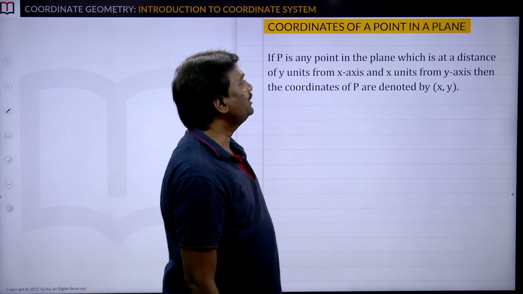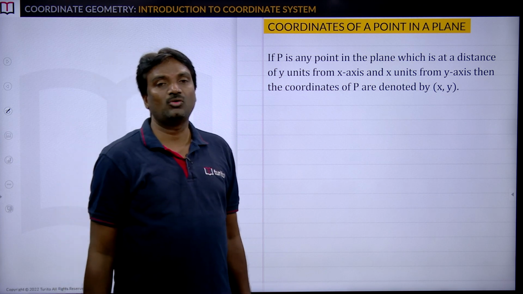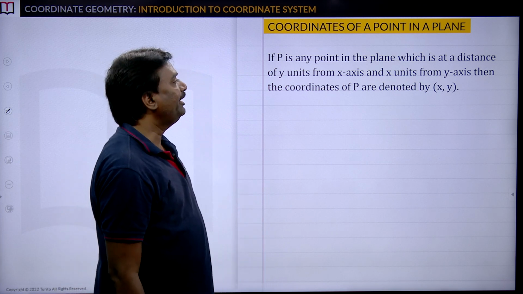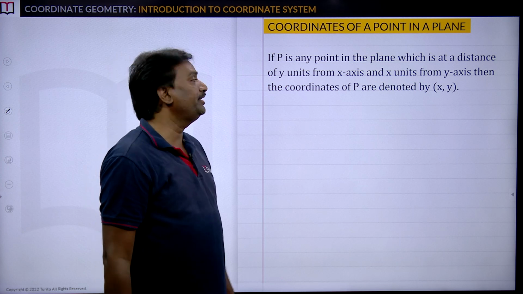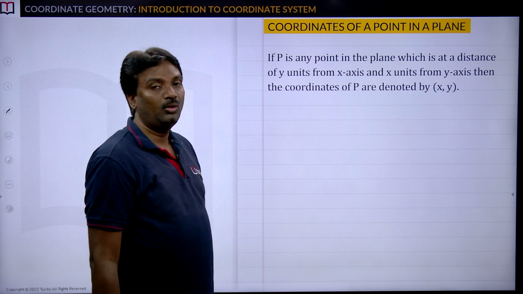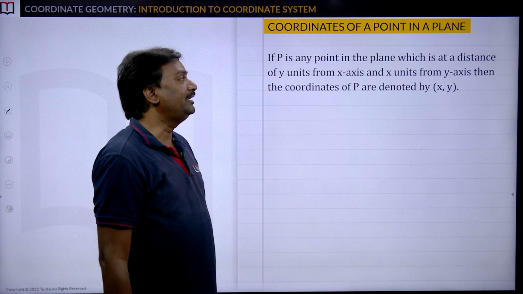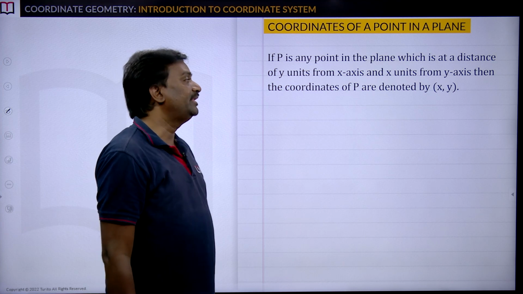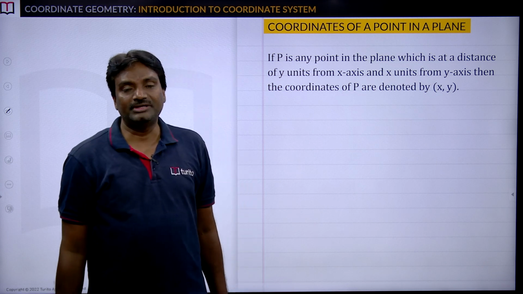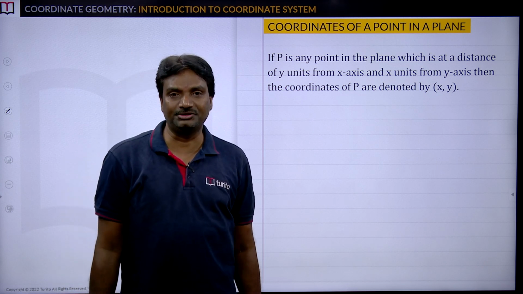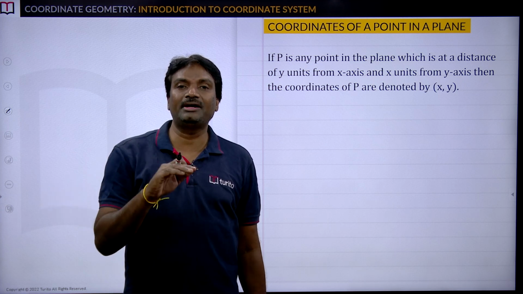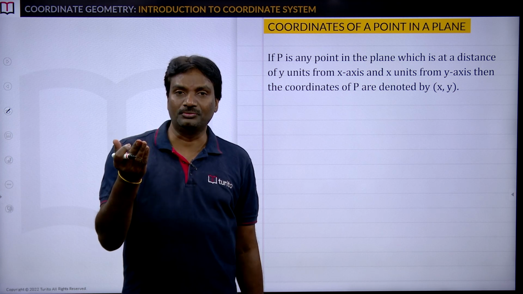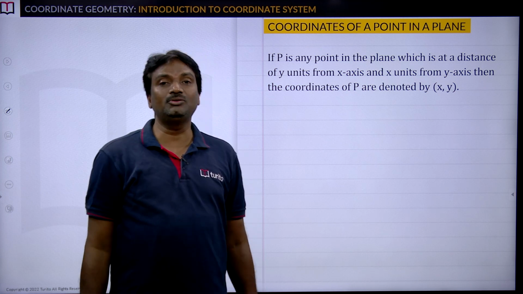Next, coordinates of a point in a plane. If P is any point in the plane which is at a distance of y units from the x-axis and x units from the y-axis, then the coordinates of P are denoted by x comma y. We have just discussed the coordinate axes: to the right of 0 are positive real numbers, to the left of 0 negative real numbers, above 0 positive real numbers, below 0 negative real numbers.